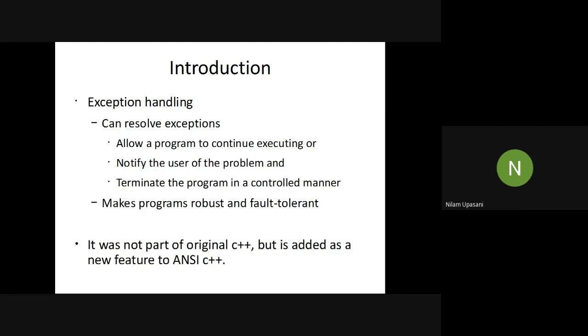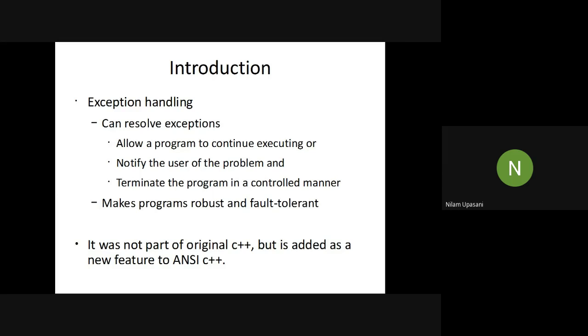So exception handling allows a program to continue executing, or notify the user of the problem and terminate the program in a controlled manner. So basically, exception handling is required to terminate the program in a controlled manner.